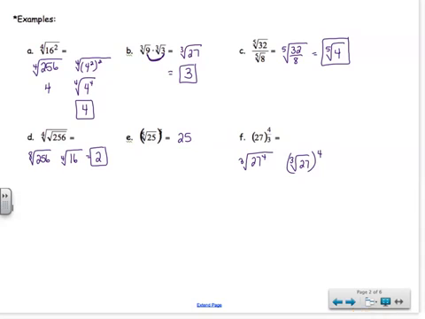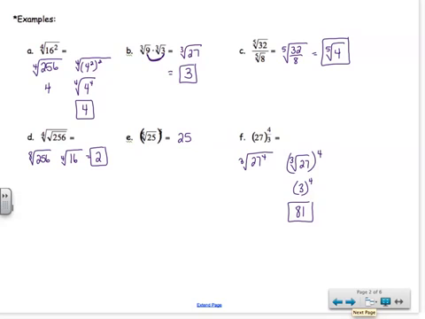That's just too big of numbers for me. Sure, you could plug it in a calculator, but our goal here is to do it without a calculator. So if I take the third root of 27, I get 3, and then I'm going to raise that to the fourth power. So 3 times 3 is 9, times another 3 is 27, times another 3 is 81.